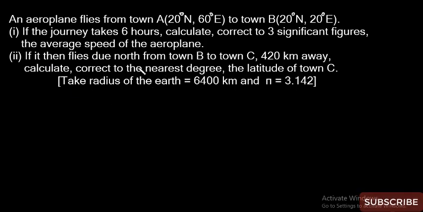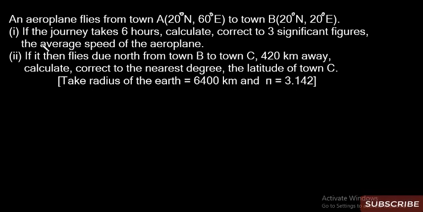And then the second question says the aeroplane flies due north. Remember in the previous video it was due south. So you can see the similarity between this question and the previous question, but there are slight changes. That's why I brought these questions so that we can solve it together. All right, so let us start.